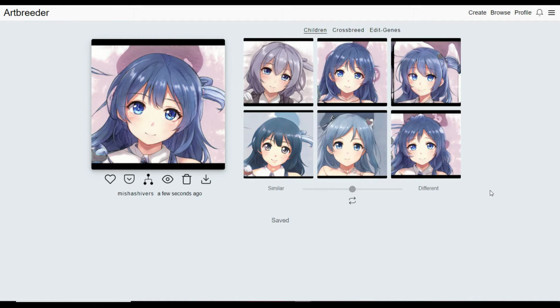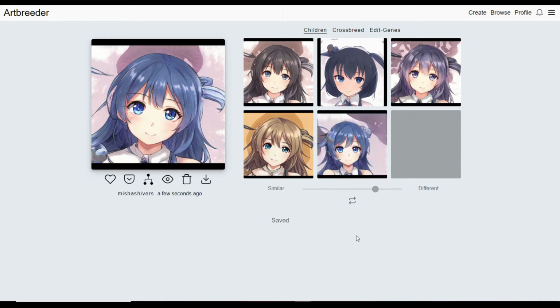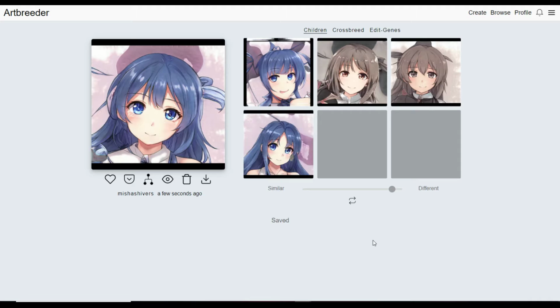I do find it amusing that the anime standards, I guess, have enough rules that are the same across different styles that a machine can just start generating them.